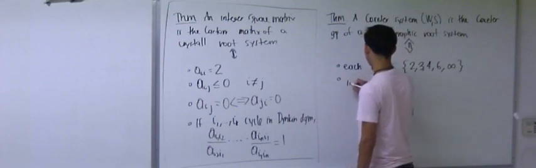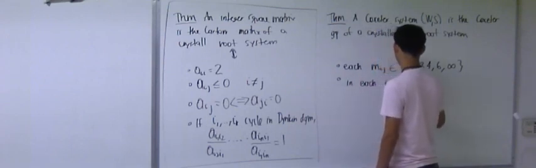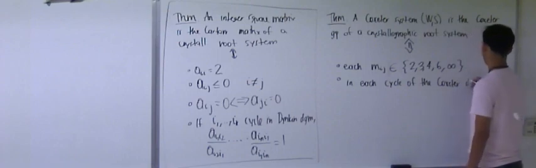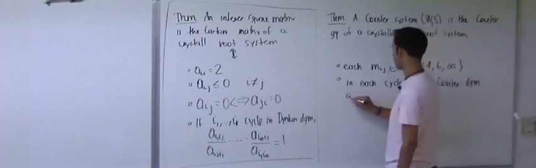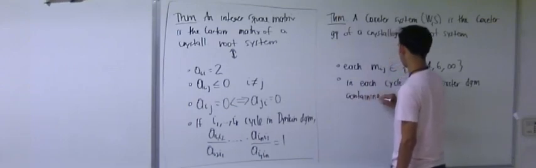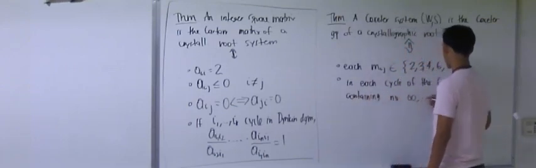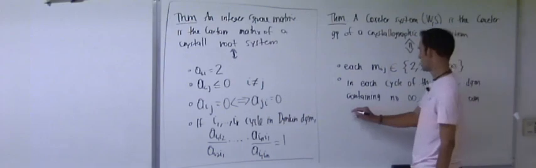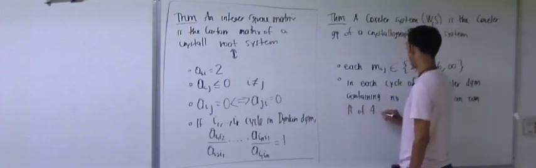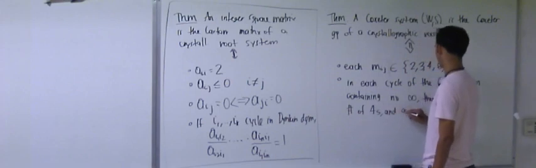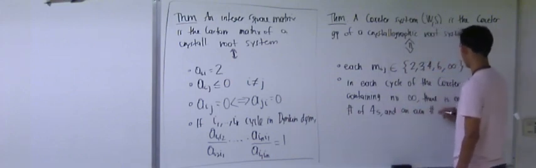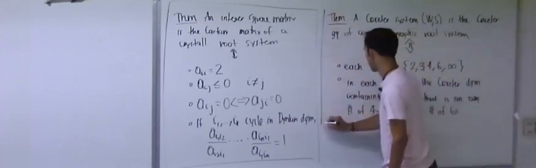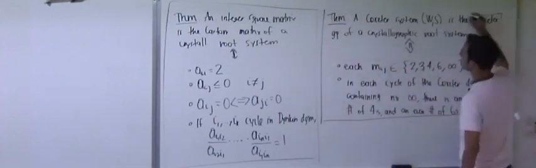What that condition is, is that in each cycle of the Coxeter diagram containing no infinities, there must be an even number of 4s and an even number of 6s. And that's it. It's an if and only if.